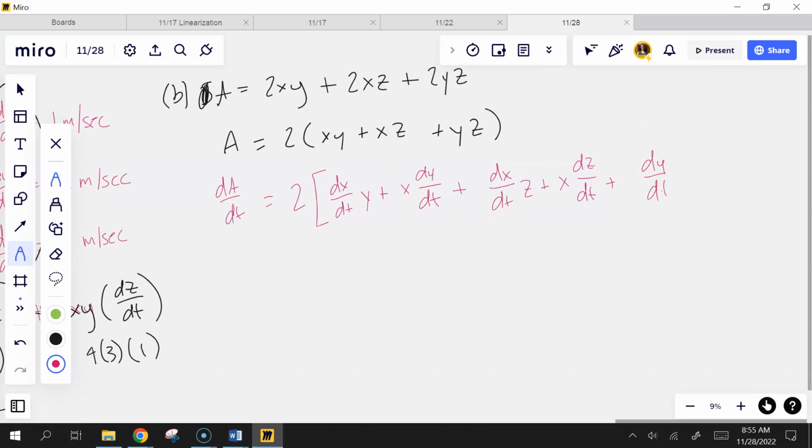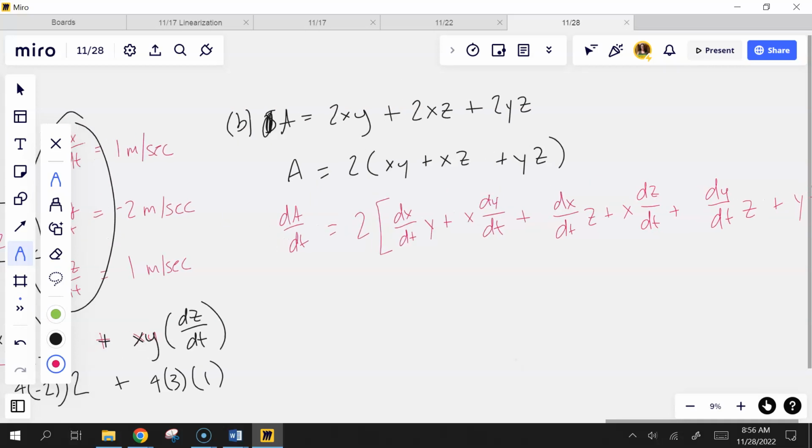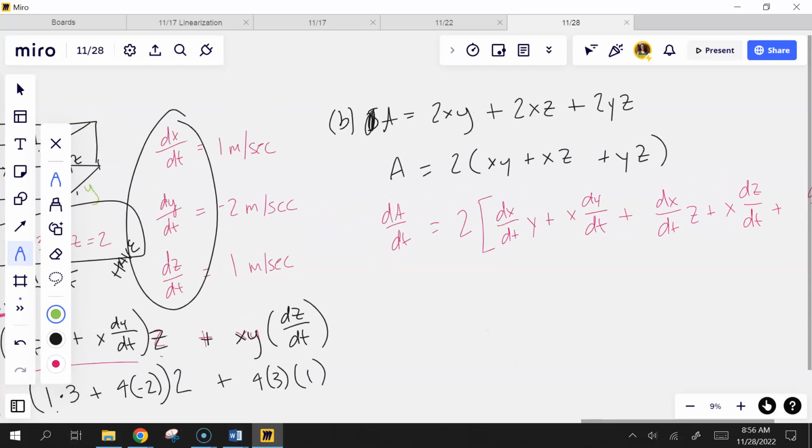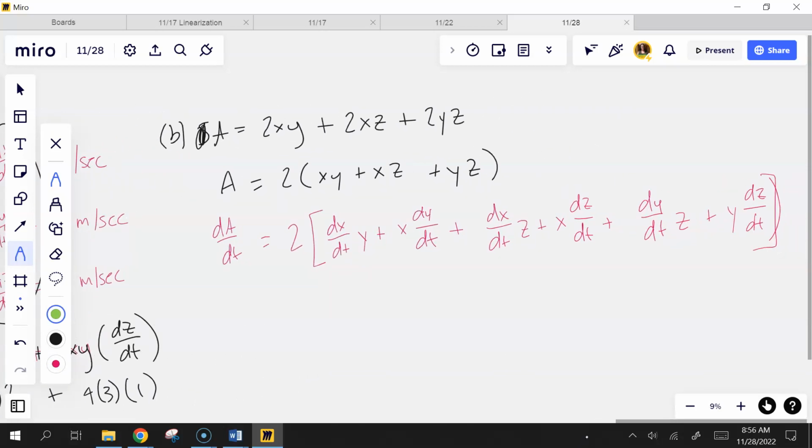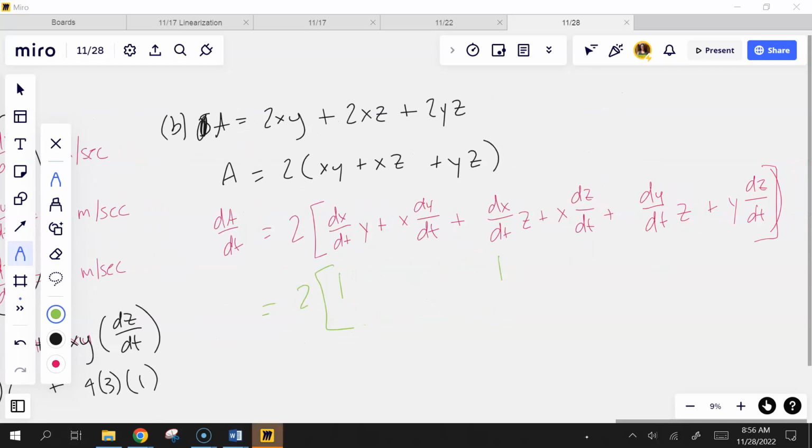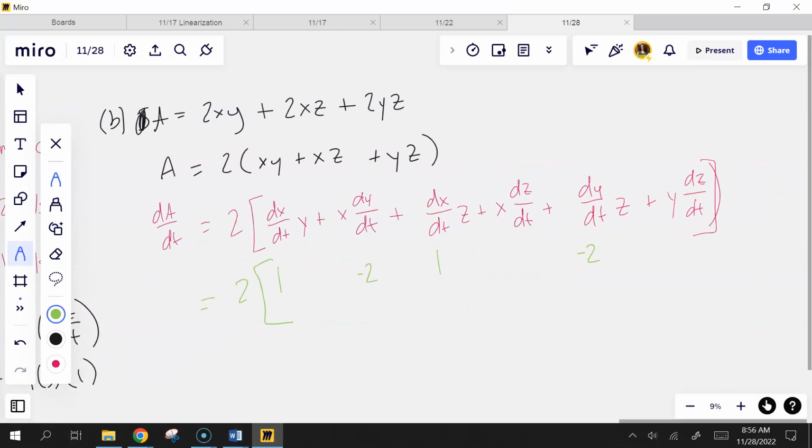dy times z plus y. And now we just plug in. We plug in what we know. What do we know? We know dx dt is 1. We know dy dt is -2. dz dt is 1.